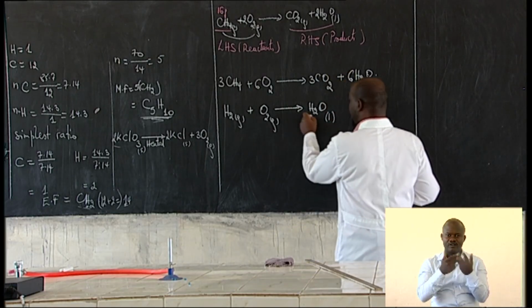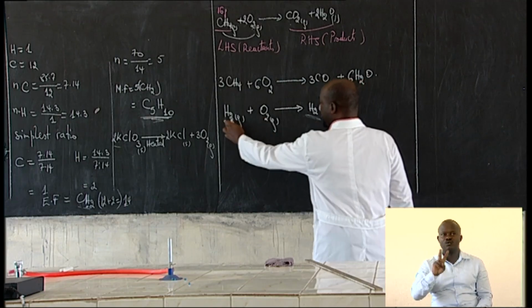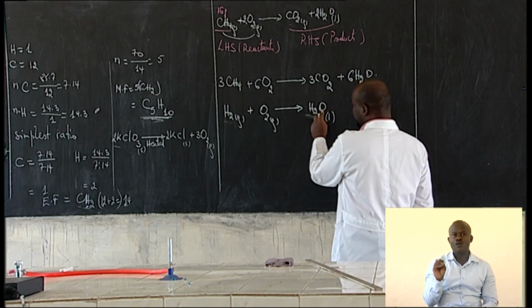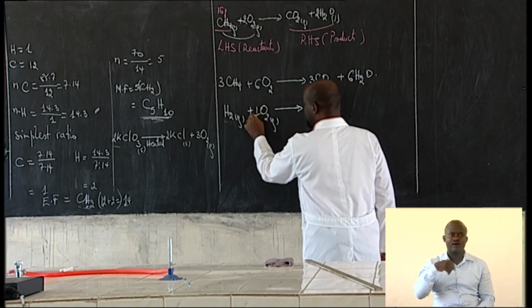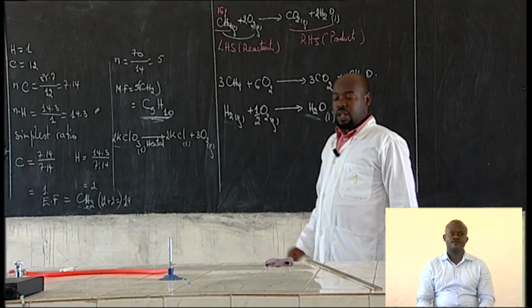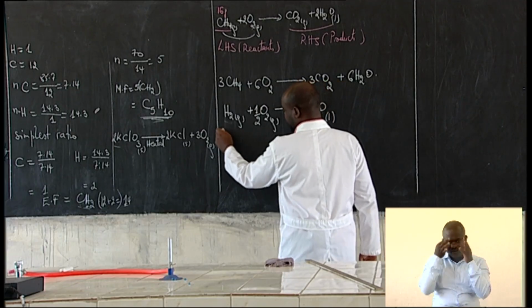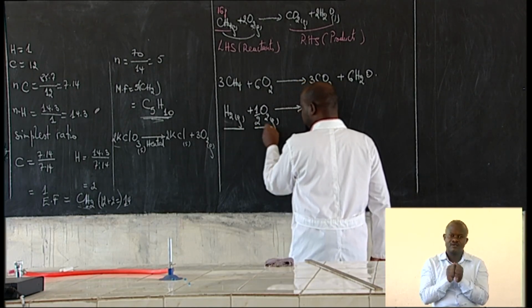So we have 1 mole of hydrogen, or 2 hydrogen atoms. But for the oxygen, we have a half. So we use a half. Now, it's very simple. Let us start by determining the masses. What mass of hydrogen do we have here?